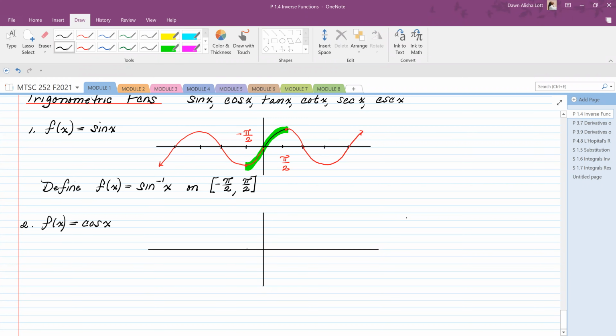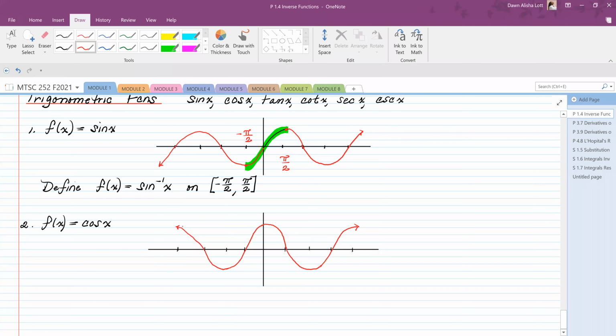I'm going to do the same thing. Okay, so this is the cosine of x.